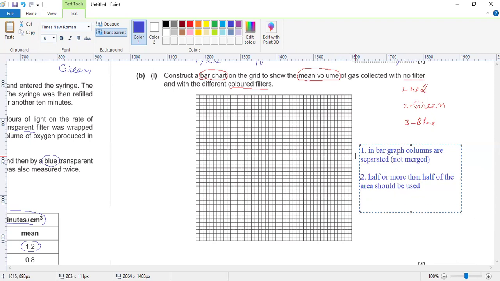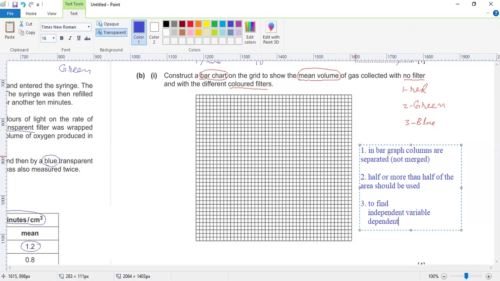And another very important thing is to find the variables. One is the independent variable that you change by yourself, and the dependent variable is that which varies according to the changes in the independent variable.